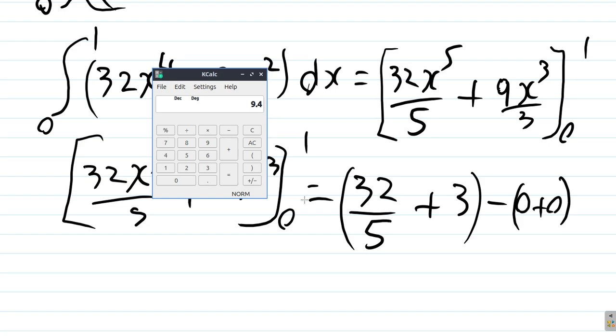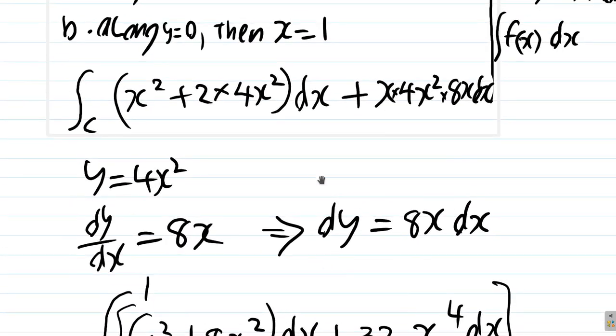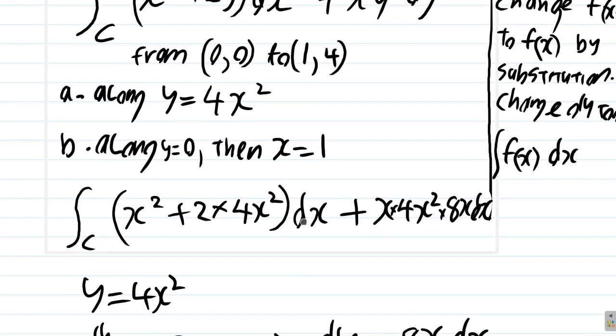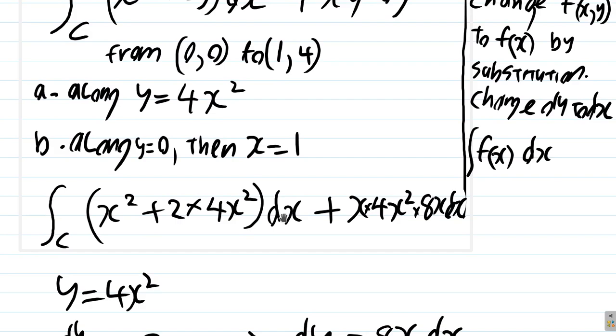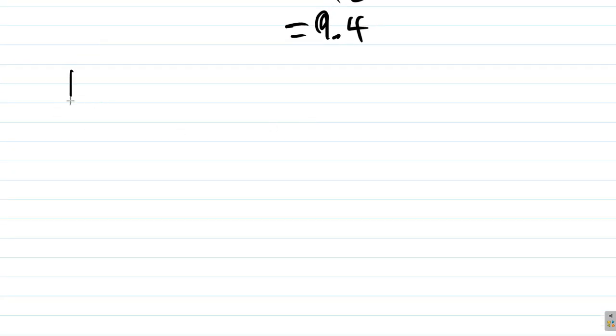Okay, so we have 9.4. So this is 9.4. Alright, good. Then we're going along y equals 0 and then x equals 1. So let's see what will happen there.